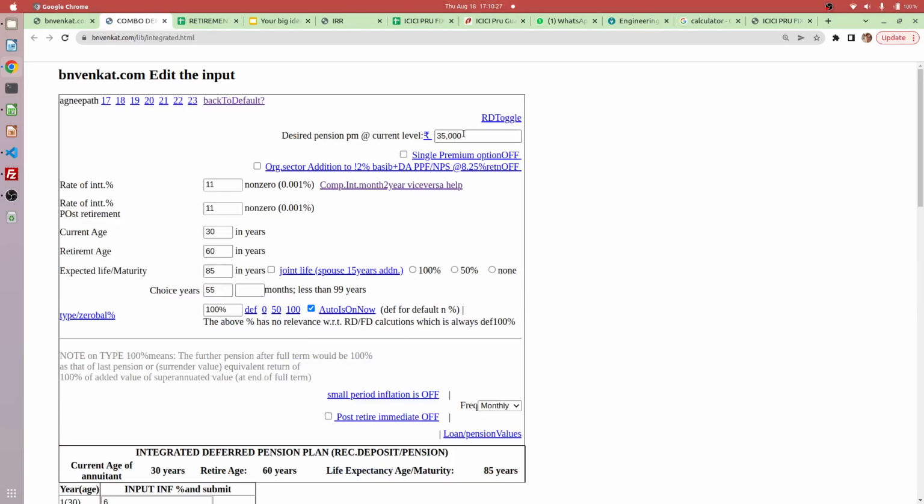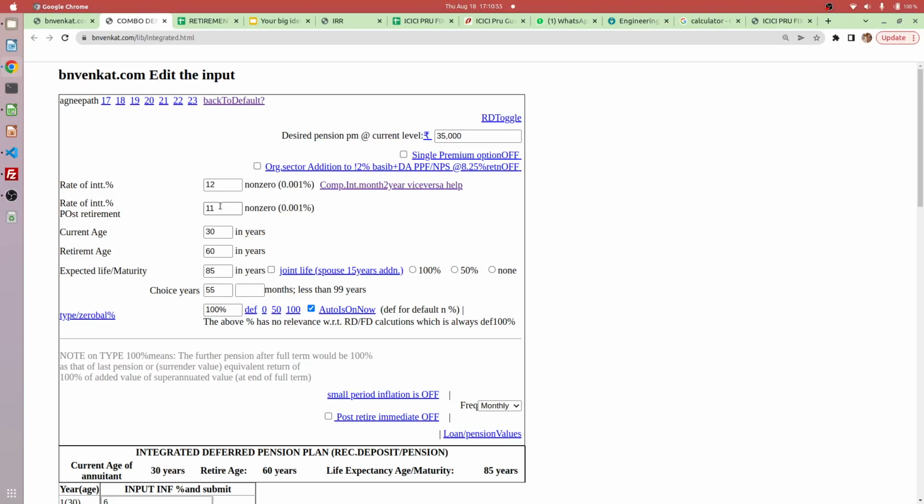Let us consider the same 35,000 rupees per month, that is 4,20,000 rupees per year as the expenses, and for 10% inflation we will at least require a rate of interest of 12%, and 11% during post retirement, that is the post study period.